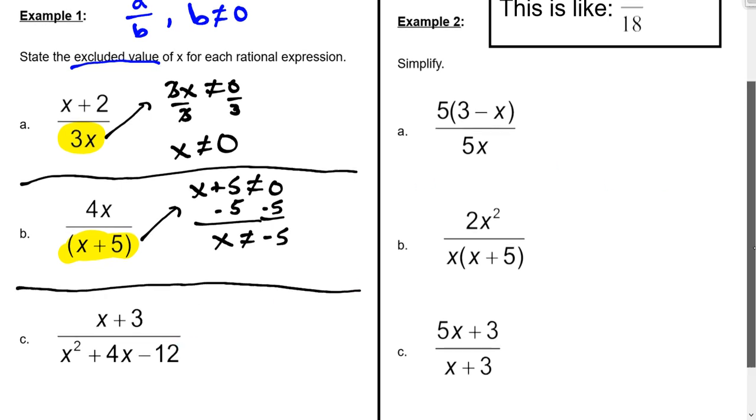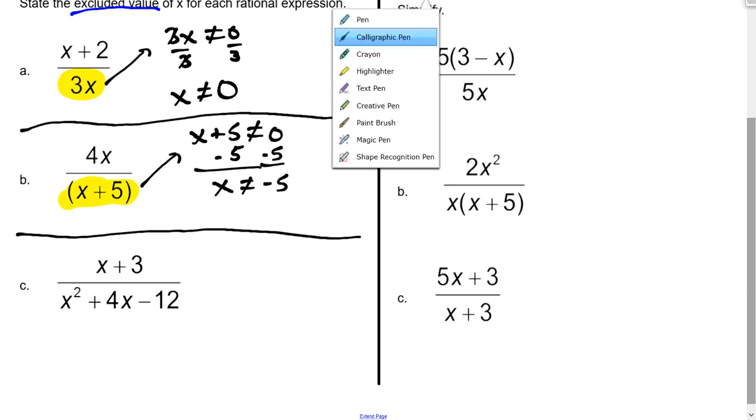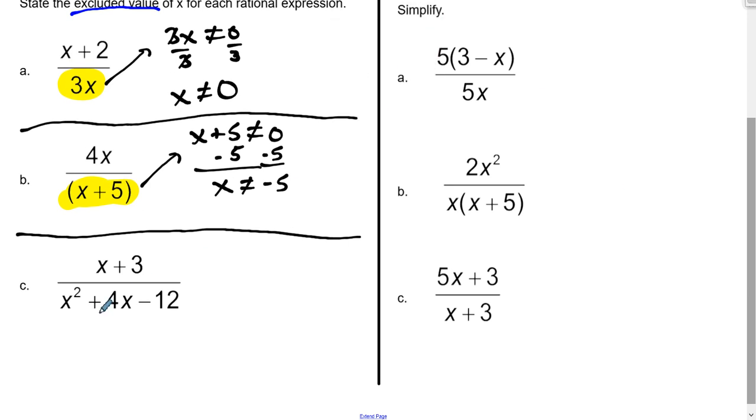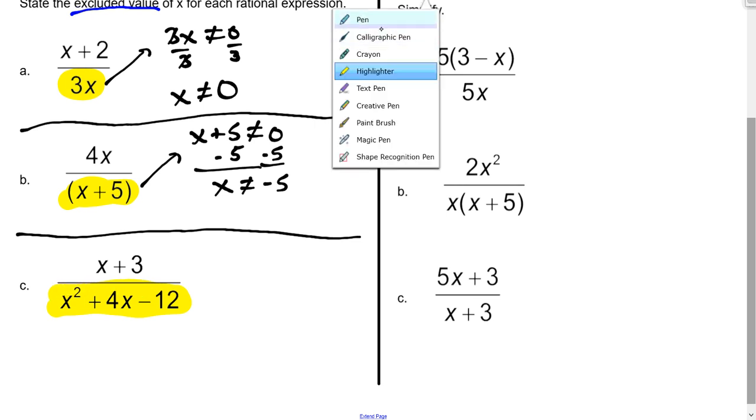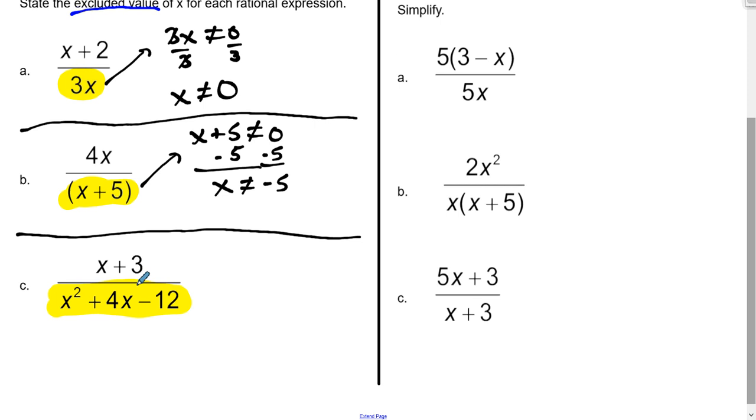For the third one here, we've got a much more complicated looking rational, okay? I'm still trying to just identify the excluded value. And if I'm going to do that, I need to know what the denominator is. The denominator in this problem is x squared, so it's a quadratic, plus 4x minus 12, and that is not allowed to be equal to 0.